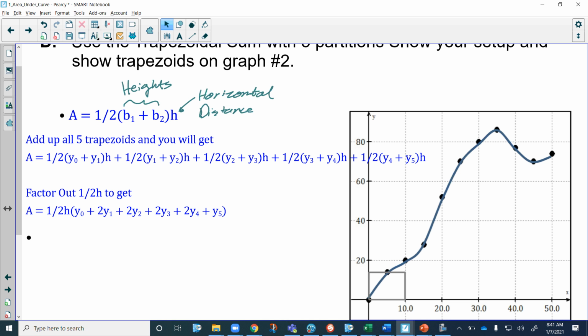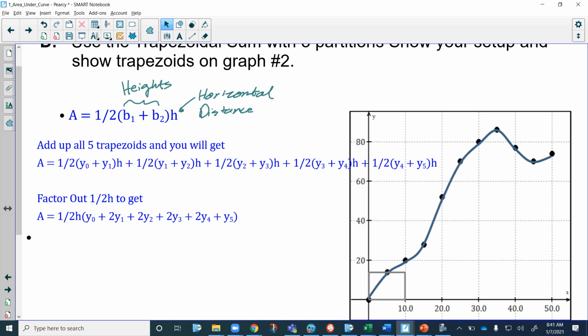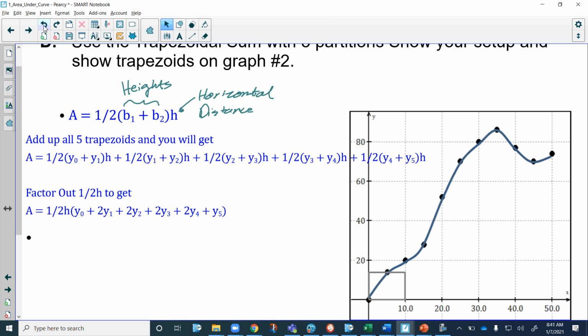But if you notice, we're using a lot of the bases twice. So y1 gets used twice, y2 gets used twice, y3 gets used twice, and so on. That's why they're all multiplied by 2 here. The only ones not multiplied by 2 are the initial and the end. So that's how I'm getting that formula.